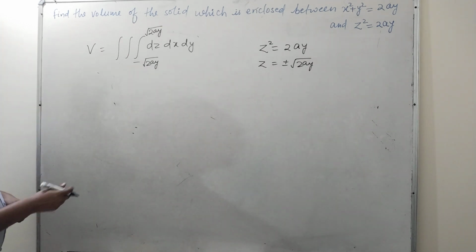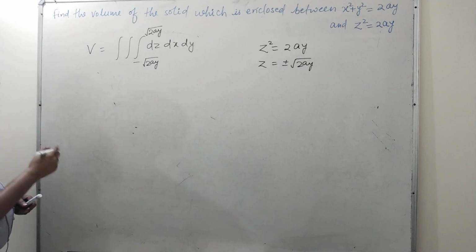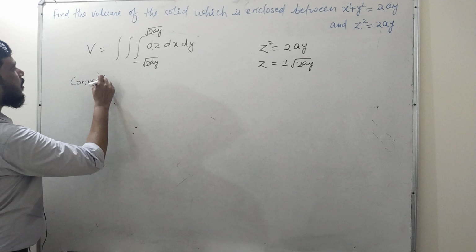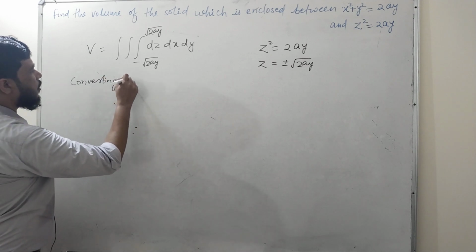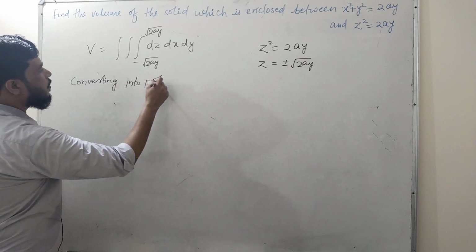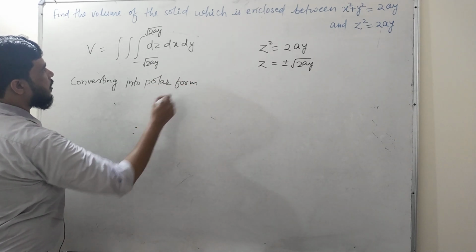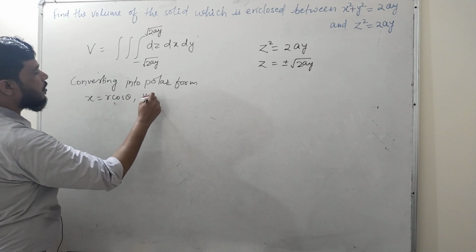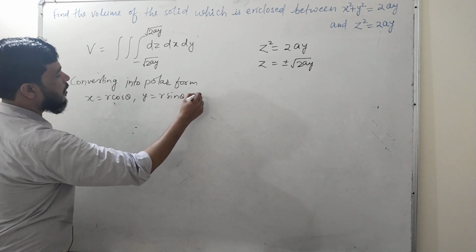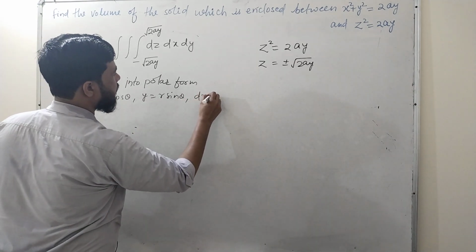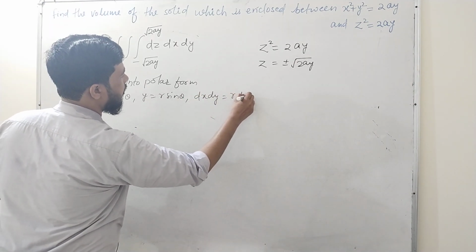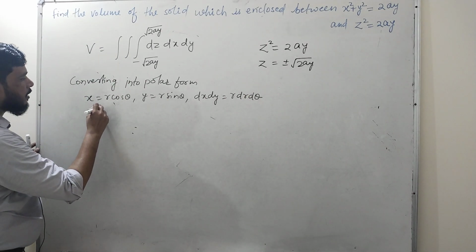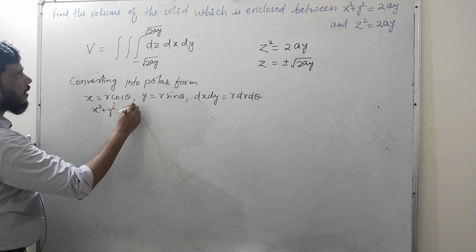To convert the Cartesian form into polar form, there are some transformations. The transformations are x = r cos θ, y = r sin θ, and dx dy = r dr dθ. And x² + y² = r².